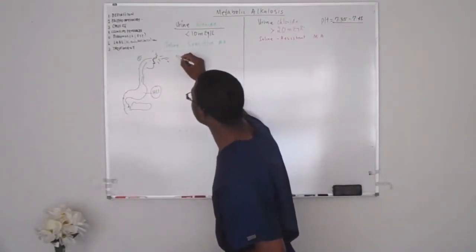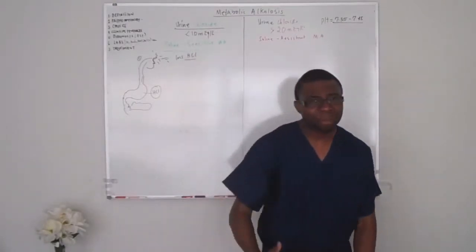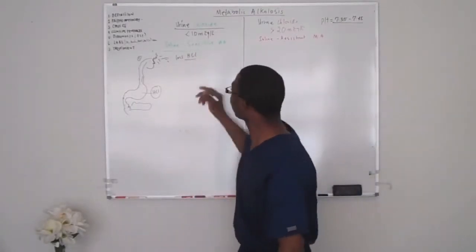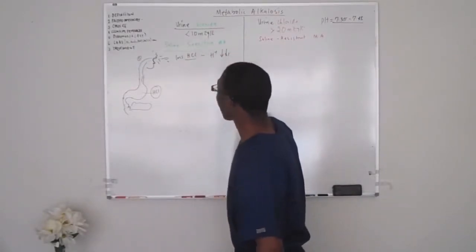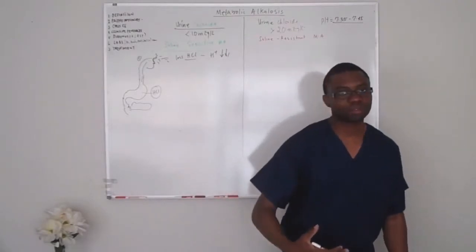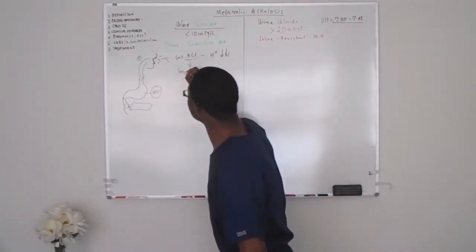So the first thing you do is you lose hydrogen chloride. You vomit. So basically, the first thing that's lost is this. Hydrogen ions are lost with excessive vomiting. However, you're also losing fluids.